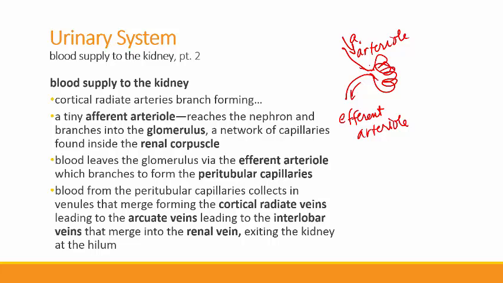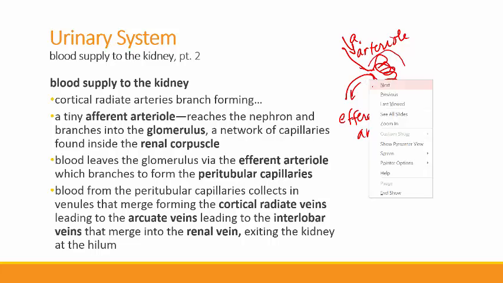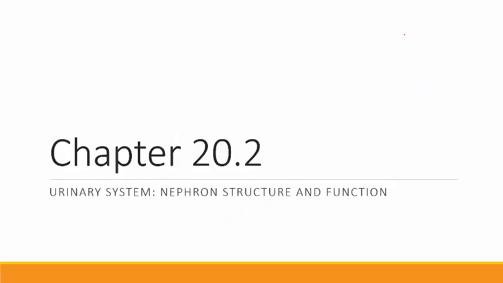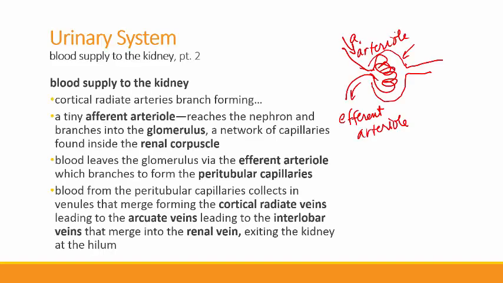And this glomerulus is found inside a structure of the kidney called the renal capsule, and together both of them are called the renal corpuscle.